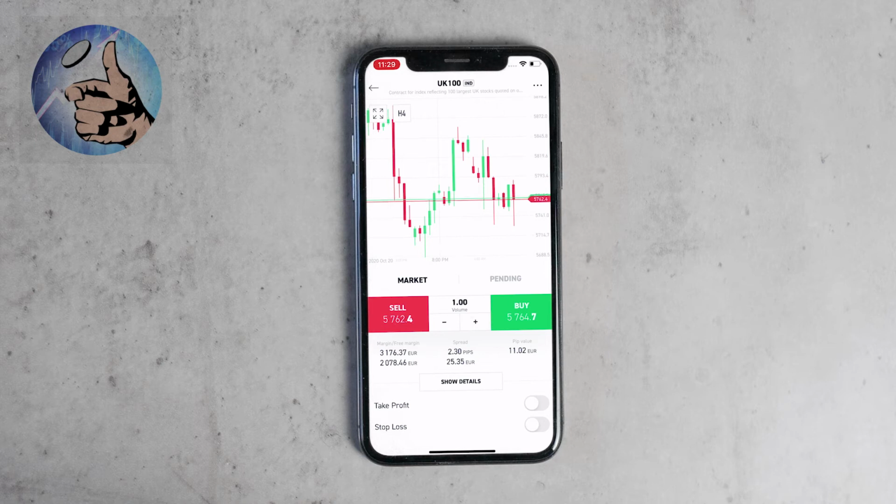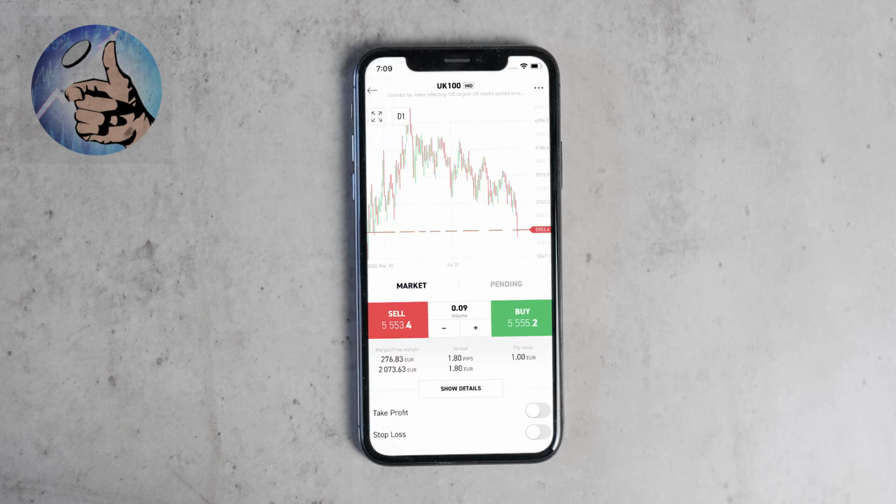The last time I was trading the US 500 index, and the previous time I was trading the Euro USD Forex pair. The reason for this change is because in the previous one we sort of knew where the trade was going, and I want to make it as random as possible.